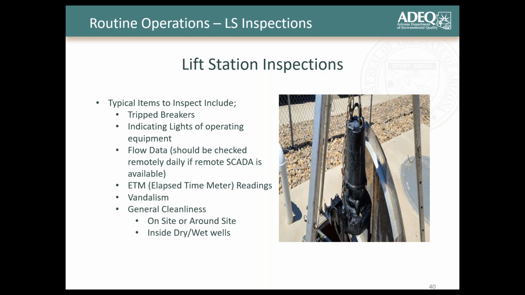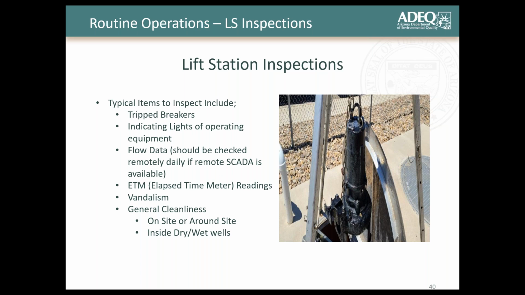Typical items that you're going to inspect when you show up for a lift station inspection, right? You're going to check tripped breakers, indicating lights on the equipment that's operating, your flow data, elapsed time meter readings, vandalism, and general cleanliness. A lot of lift stations, depending on the agency, are going to have different round sheets that they want you to fill out. A lot of these will include flow meter readings or elapsed time meter readings to see how well a pump is performing.